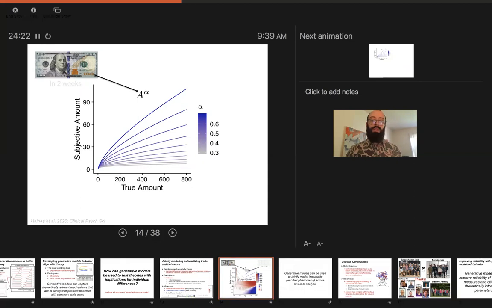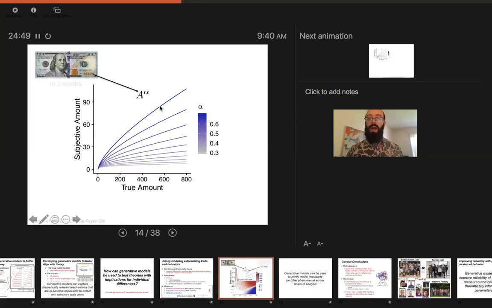And so we can actually capture this with a subjective utility curve, which basically says that as the true amount increases, the subjective amount starts to diminish. And alpha is a parameter that controls this. Everyone has their individual alpha. If I have a really low alpha, it means that even true differences between $600 and $800 don't subjectively change a whole lot.